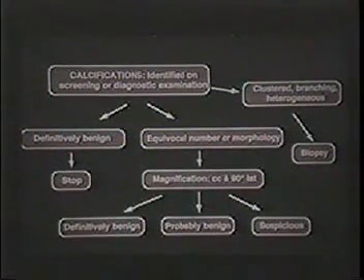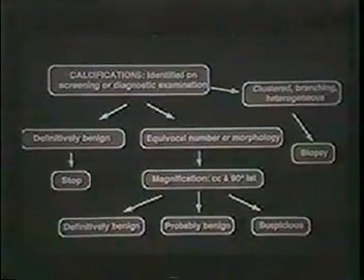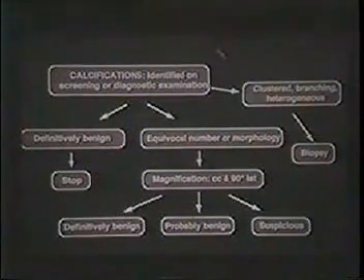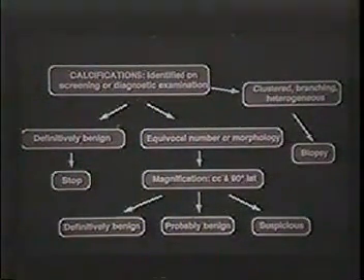And this is sort of the approach that we'll probably see more in the future, so that what we do is justified and also rational and rather standard from one site to another. Calcifications identified on screening or diagnostic examinations, for example, could be classified as definitely benign, in which case we would stop a workup.